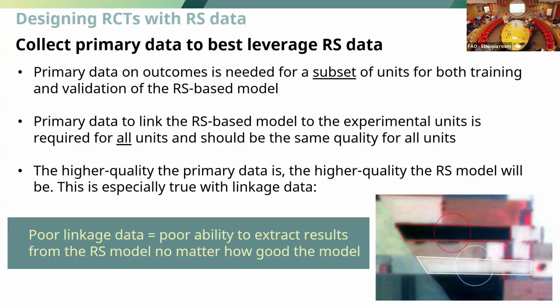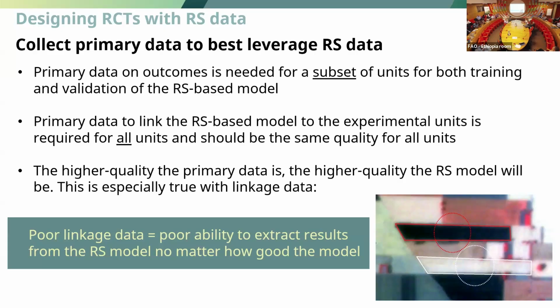But we need primary data to link all of the experimental units to the remote sensing data. So if your unit of observation is the farm, we need linkage data for all those fields. If we only have field perimeters, but we can't apply those to the farmers, for example, then you lose that information in the remote sensing model.